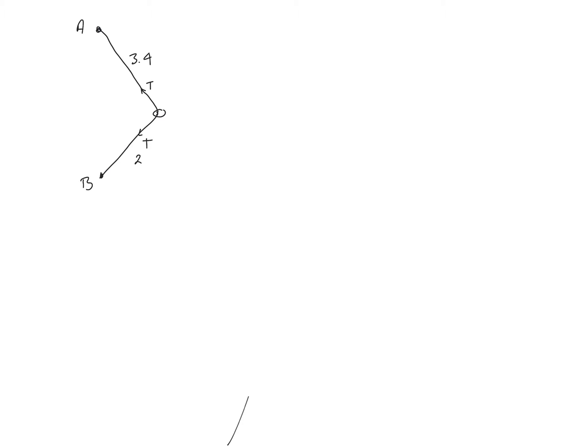The string passes through a smooth ring of mass 0.24, so this has got some mass, so 0.24 g is my force down on it, and R, the ring, is moving at a constant angular speed in a horizontal circle, which we're going to call omega.